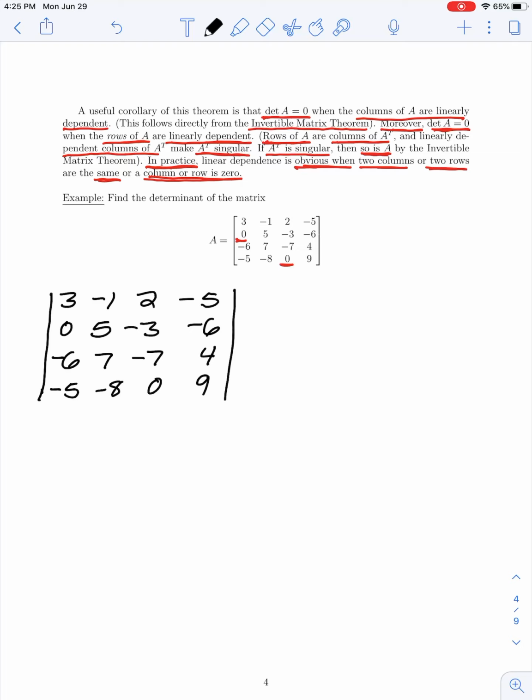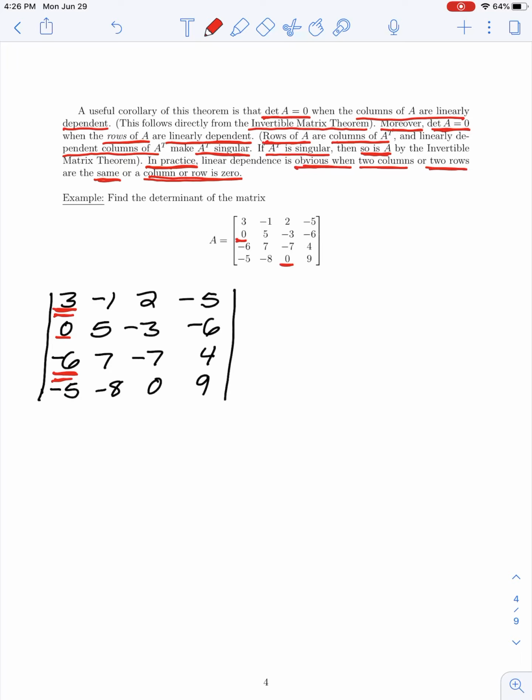So in order to move this towards triangular form, we have a leading coefficient of 3 in our first row. I've got a 0 below that. And so let's, in this first step, try to eliminate the -6 that appears as the lead coefficient in that third row. We can use that leading 3 in our first row to easily accomplish that.